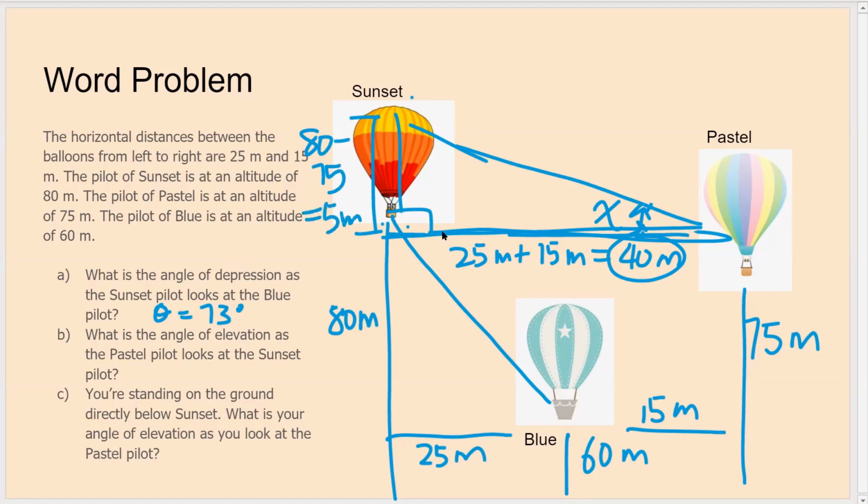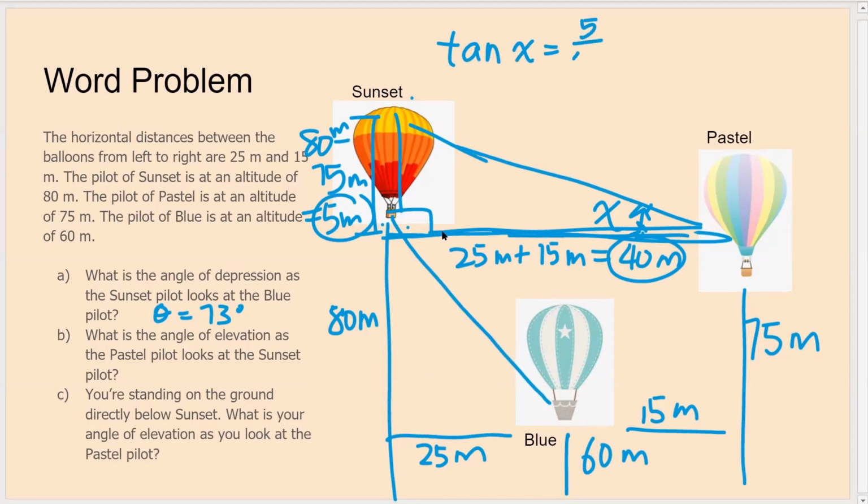There's a difference of 5 meters between their altitudes. So the opposite side is 5. Now we have two values that we can calculate X from. Which ratio should we use to actually find X? Well, since we have the opposite and the adjacent, we'll have to use tan. Tan of X is equal to 5 over 40 meters, of course.